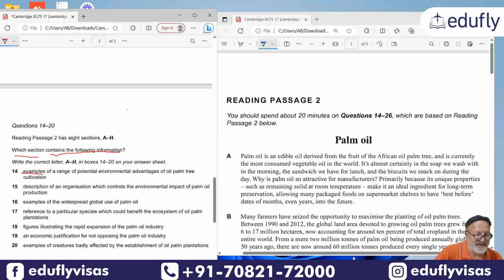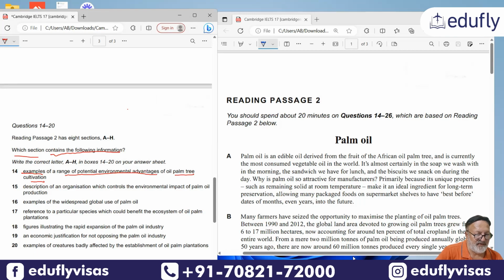of a range of potential environmental advantages, some environmental advantages of palm tree cultivation. So the paragraph in which examples are given about the environmental advantages, we can choose for this one.